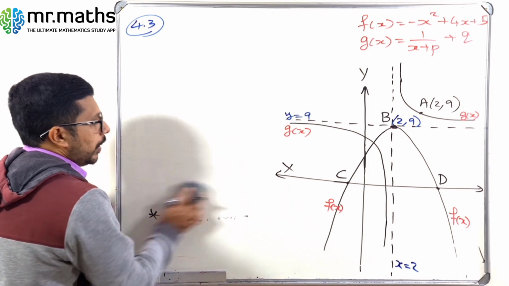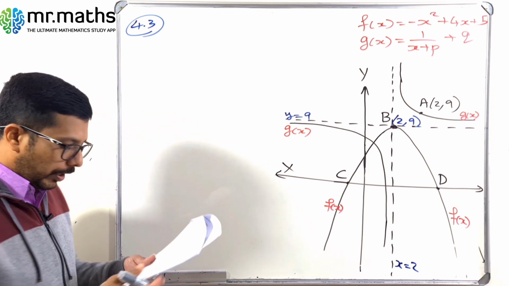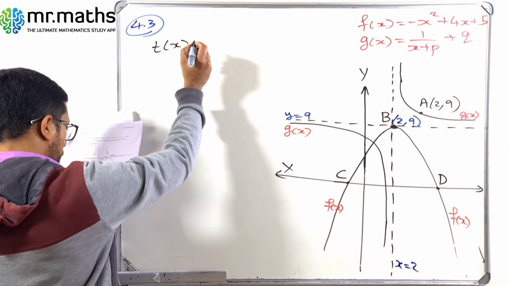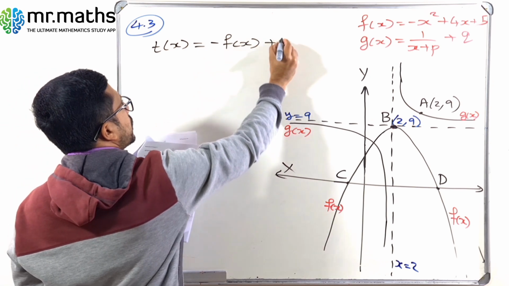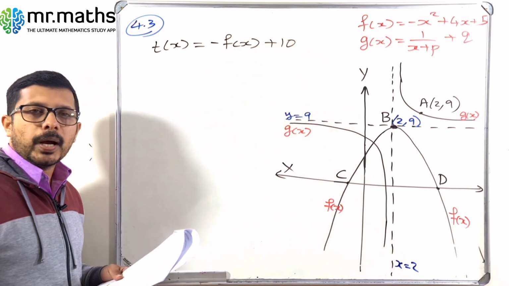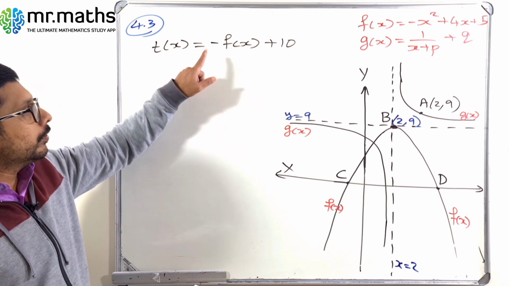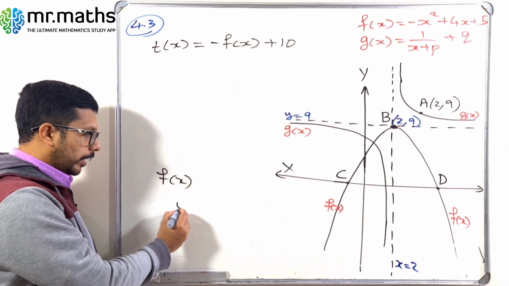So what is actually t of x? It is given there in the question. T of x is given as minus f of x plus 10. So I told you this, f of x is the same as y. Am I right?